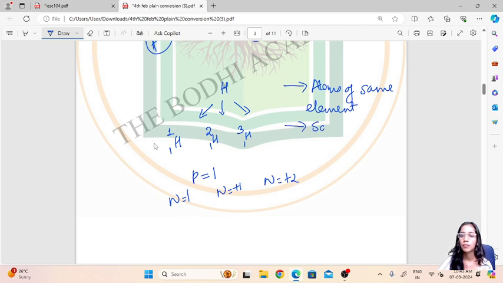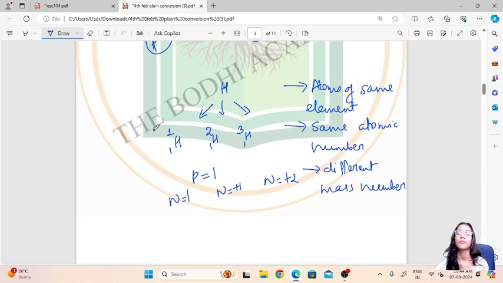While writing the definitions, many students tend to get confused because if you learn the definitions by heart, they tend to sound the same. So what you need to know is, first of all, learn the concepts of atomic number and mass number, and then write the examples. Okay, when the examples are in front of your eyes, then it's easier to write the definition.